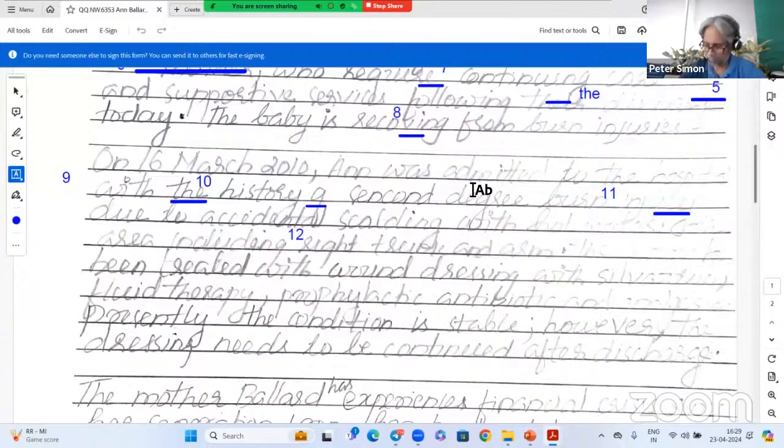Body parts, the is compulsory. Whenever you see a body part, you have to say the right trunk and arm. The dash has been treated. I don't understand anything there.